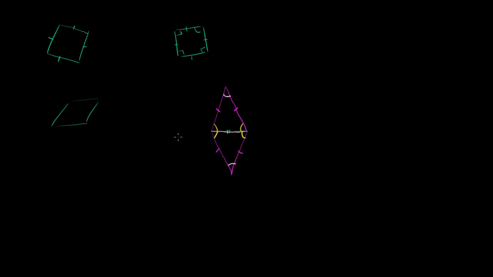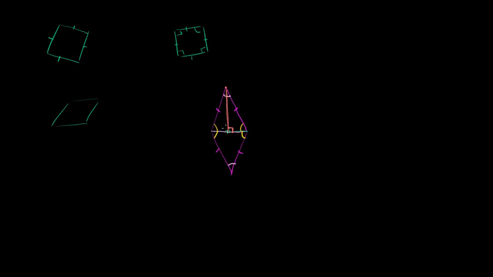Now, if we take an altitude, and actually, I didn't even have to talk about that, since I don't think that'll be relevant when we actually want to prove what we want to prove. If we take an altitude from each of these vertices down to this side right over here, an altitude by definition is going to be perpendicular down here. Now, an isosceles triangle is perfectly symmetrical.